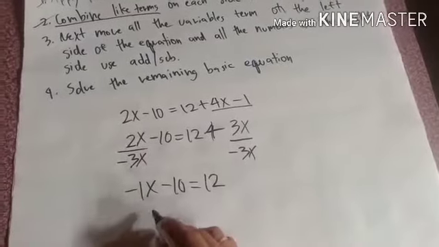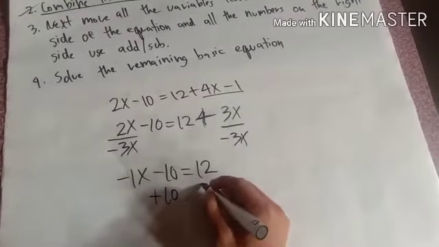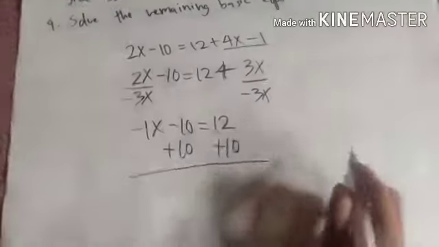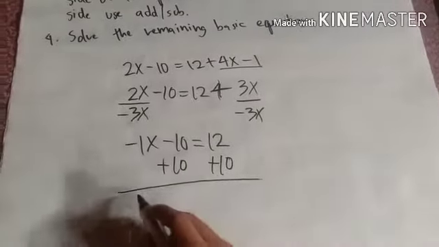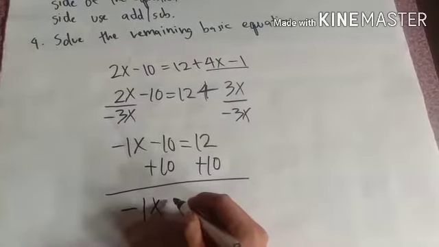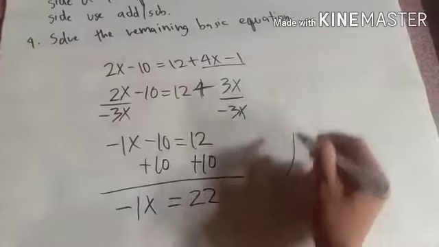You need to add 10 to each side and write the equation. Bring down the -1x equals 10 plus 12, 22. And now we proceed to the two-step equation.